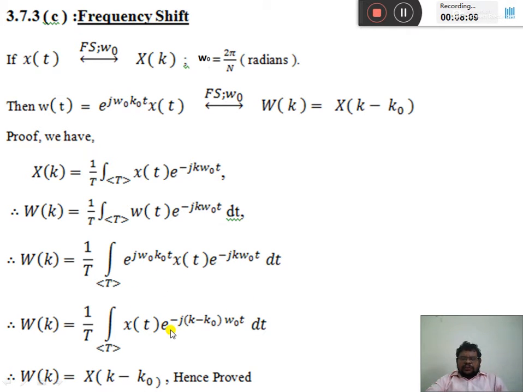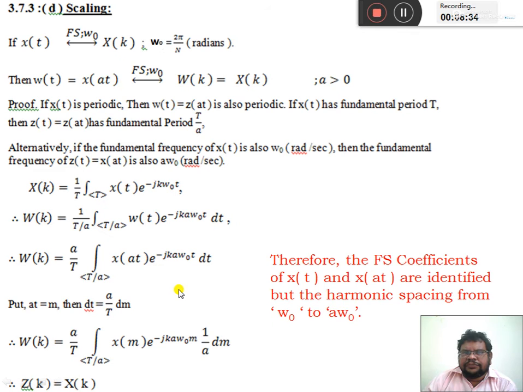So we'll take common here minus j omega naught t on both exponentials. We'll get e to the power of minus j k minus k naught omega naught t. See, if in this e to the power of minus j, if k is there, we will get x of k. Here k minus k naught is there. So this will be x of k minus k naught. Means a shift in the frequency.